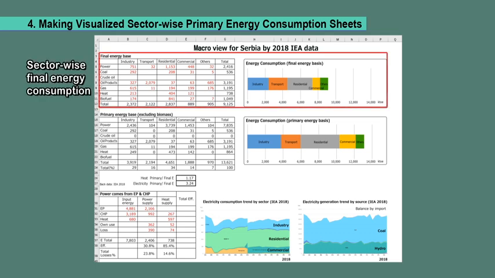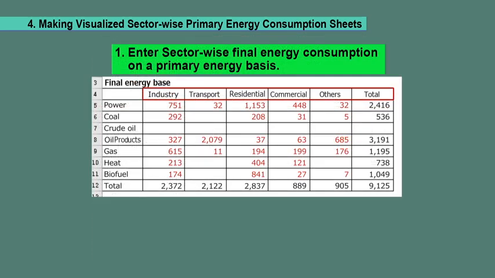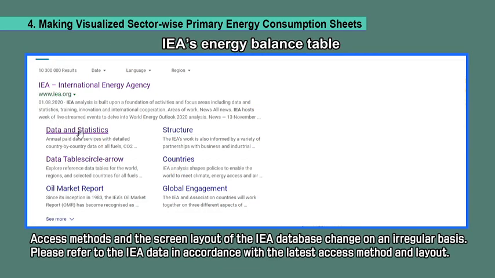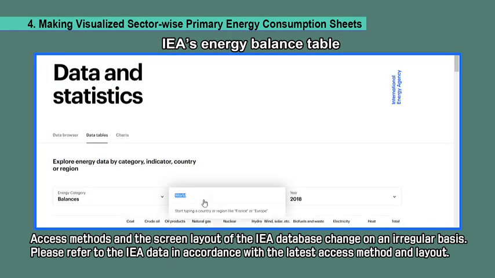First, final consumption by sector at the top. Columns are industry, transport, and other sectors. Rows are energy sources. To obtain data, go to IEA Data and Statistics Data Tables. Enter Serbia. Here we'll go to the bottom.